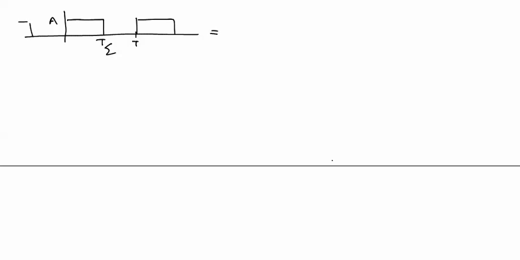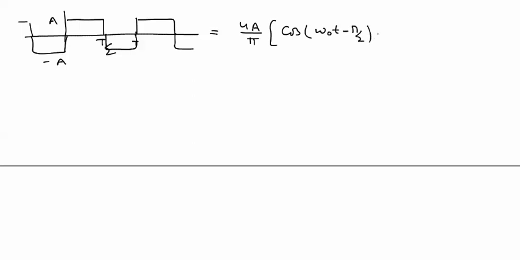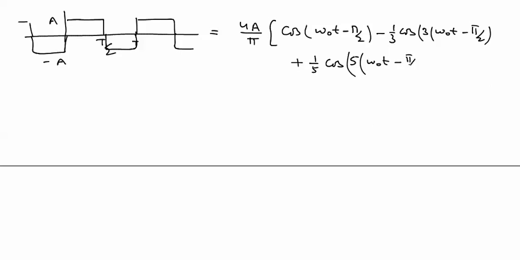Expression is now 4A upon pi cos omega naught t minus pi by 2 minus 1 by 3 cos 3 omega naught t minus pi by 2 plus 1 by 5 cos 5 omega naught t minus pi by 2 and higher terms. We are not considering further higher terms.